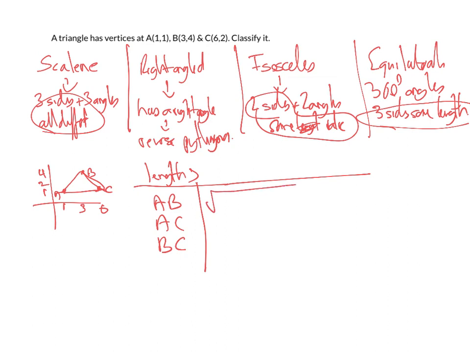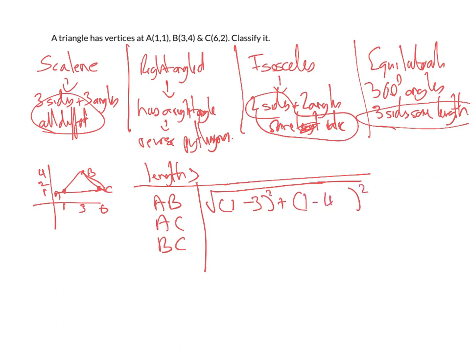To work out the length, it's the square root of the difference between the x's squared plus the difference between the y's squared. A is 1, so for AB we do the x's: 1 take away 3, squared, plus the difference of the y's, 1 and 4.